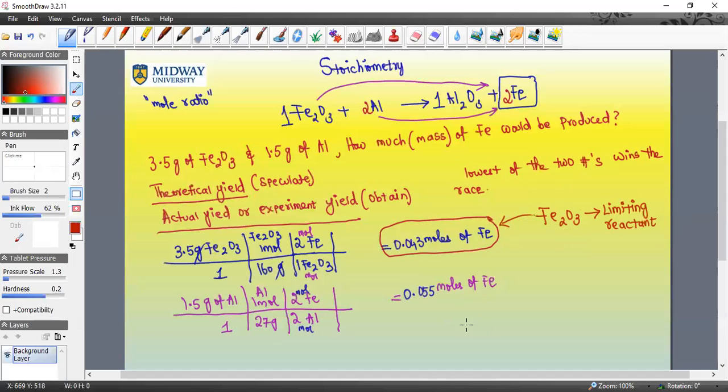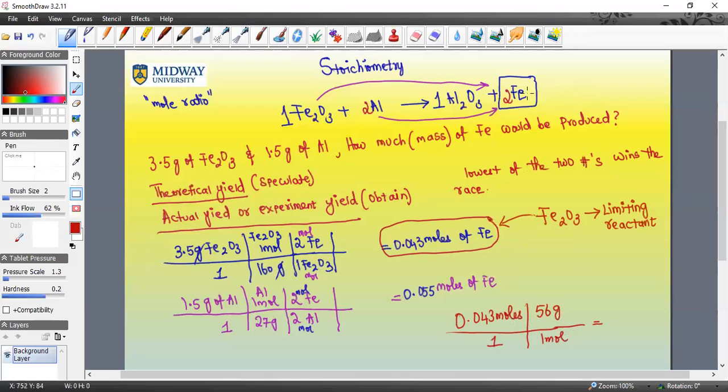Now, how do we actually complete the problem? Let's go get another color. Actually, red might work. Okay. We start with the information we calculated as our given information now. So 1 goes here. We are trying to find the mass of iron, so we already know the moles. So we just put the molar mass of iron, which I believe is 56 grams over 1 mole.